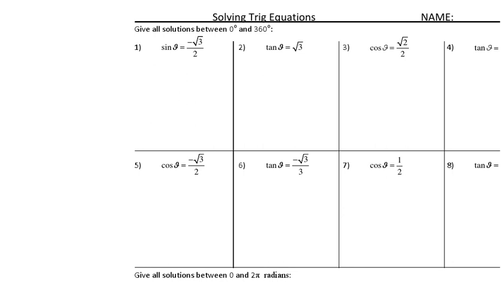I'm having trouble getting just one picture put in here, but we've got 30, 45, 60, sine, cosine, tangent. This is terrible. My software is acting up a little bit here.